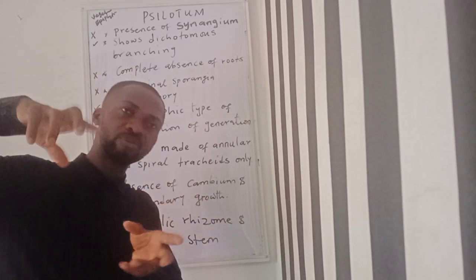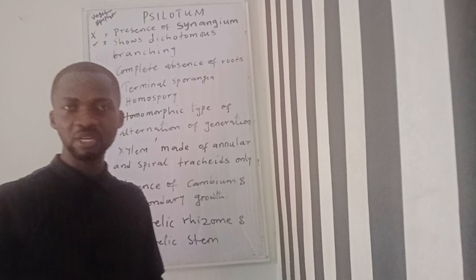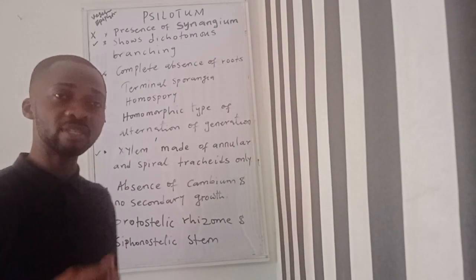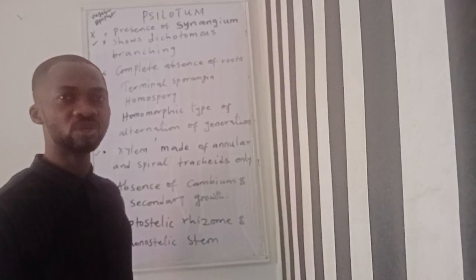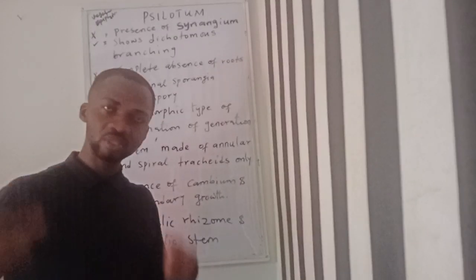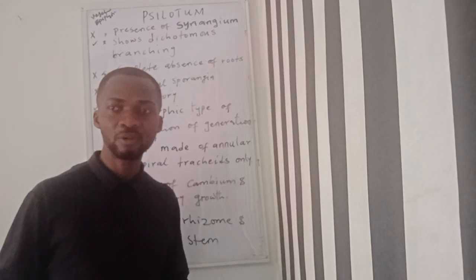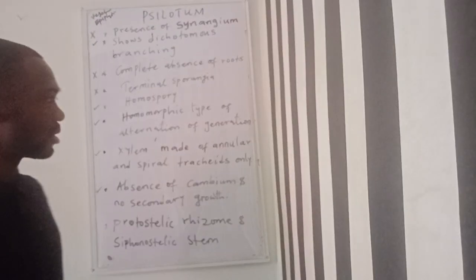It grows by the help or support of other neighboring plants. But a terrestrial plant is one whose roots are rooted into the soil. That means they take water and nutrients directly from the soil without the support of any neighboring plant. So that's just a basic difference between the terrestrial one and the epiphytic one.